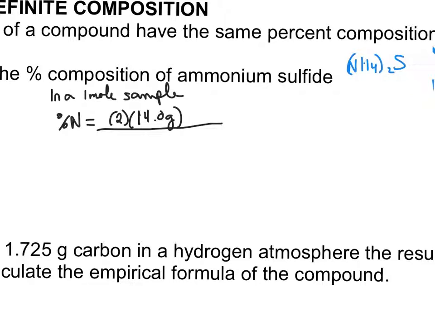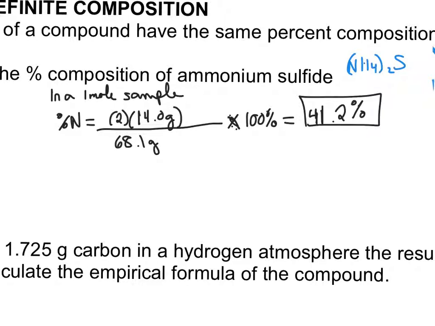So if you add up 2 nitrogens, 8 hydrogens, and 1 sulfur, you get 68.1. And then times 100%, of course. And so that gives me 41.2% nitrogen. Now, that is going to be true for 1 mole. That's going to be true for any quantity, though. So if I had just 1 gram of ammonium sulfide, I'd still have 41.2% of that gram as nitrogen.